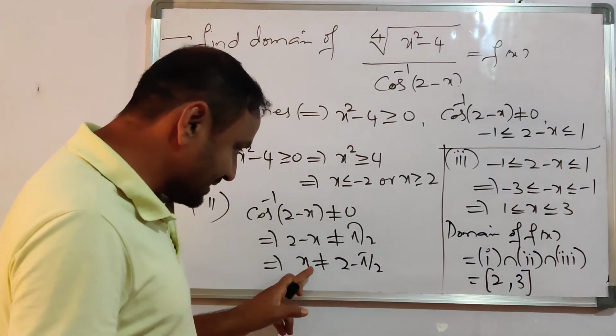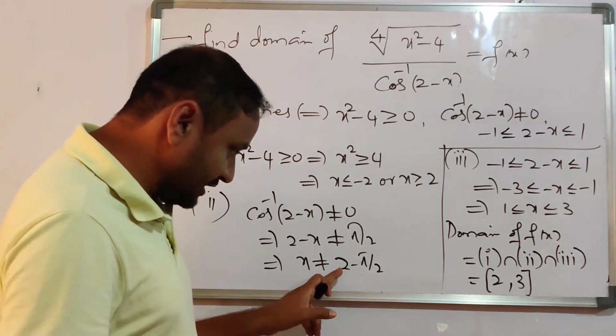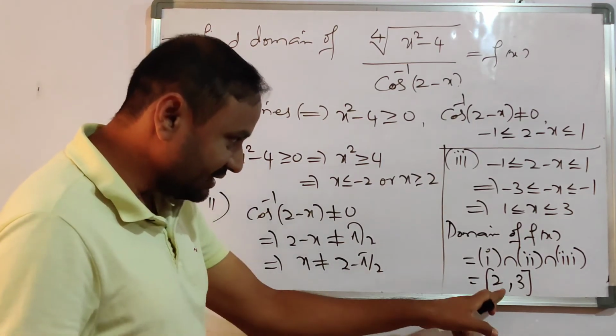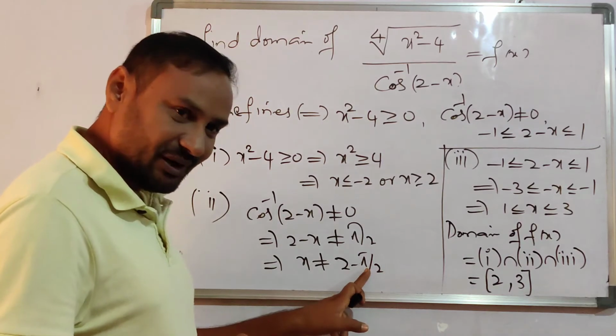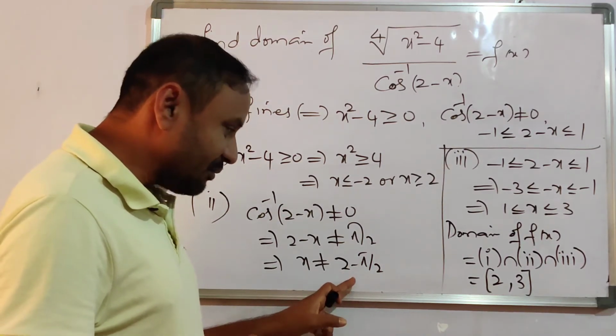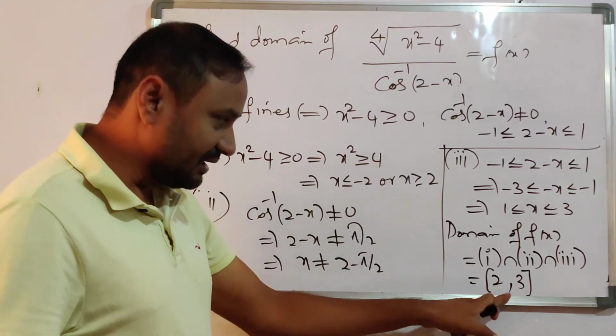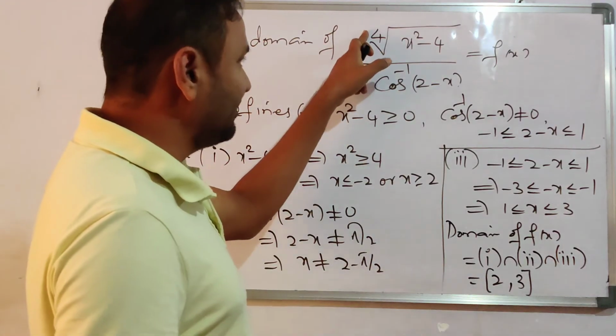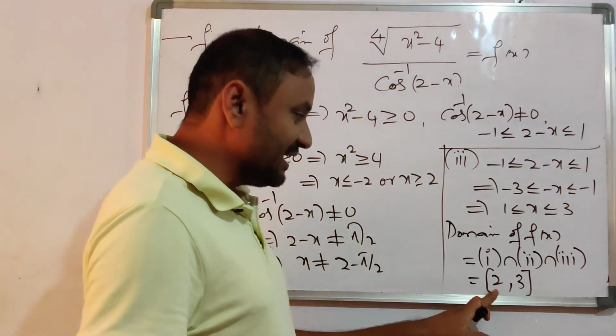In this, x is not equal to 1 above 1. This is 0 above. But here there is no 0. Pi by 2 means 1 point something. 2 minus 1 point something, that is above 0. Below 1. So not here. So that's why the domain of the given function is equal to the closed interval 2 to 3.